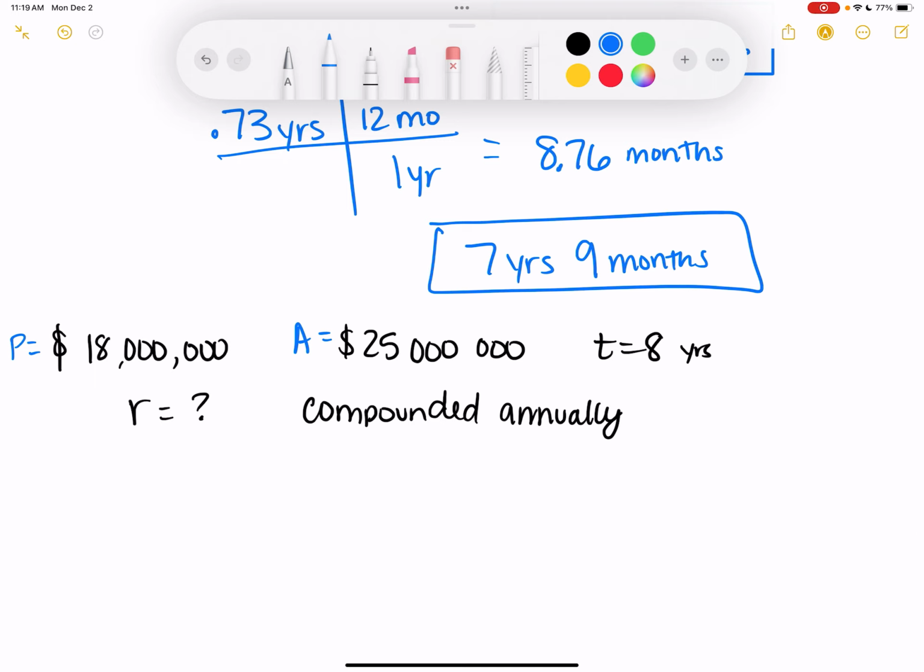R is what we're trying to find. And it's compounded annually, so this formula is A equals P times (1 plus R) raised to the N.